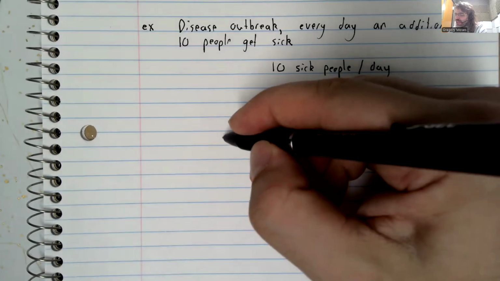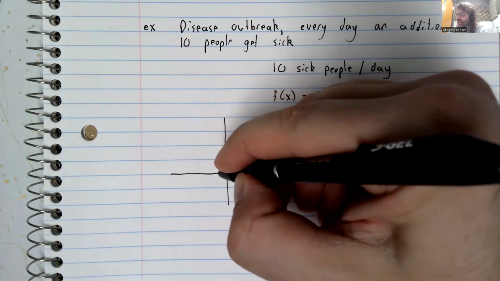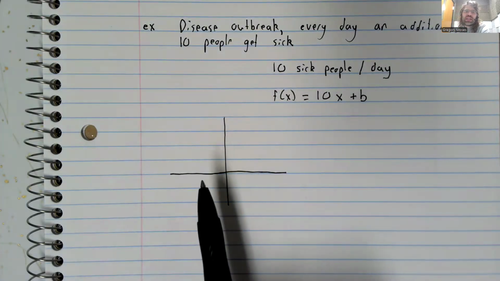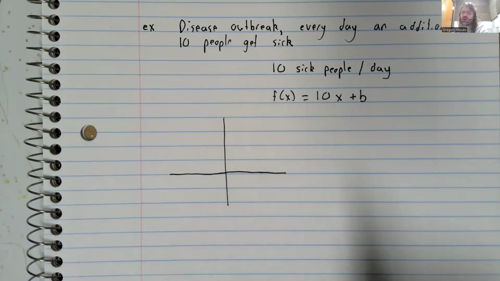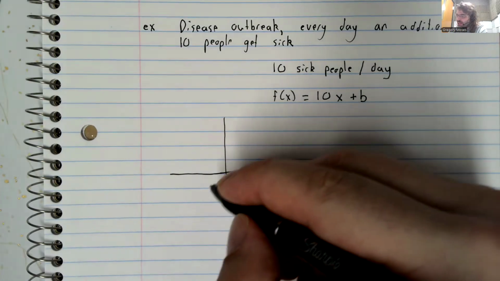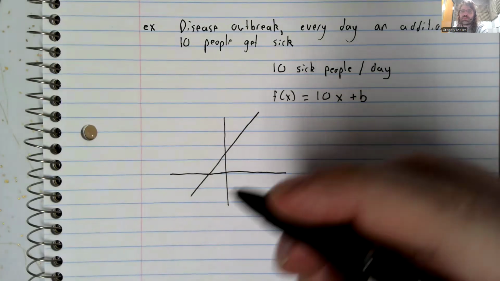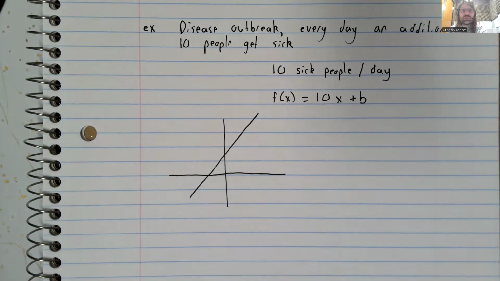So if we graph this, the exact graph will depend on b, but this is going to be a straight line. The graphs of linear functions are always straight lines. So maybe it looks something like that.